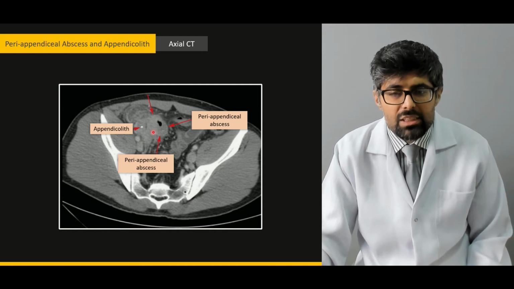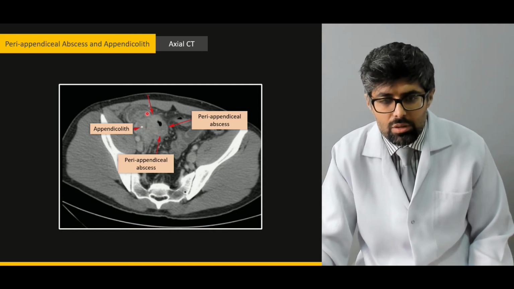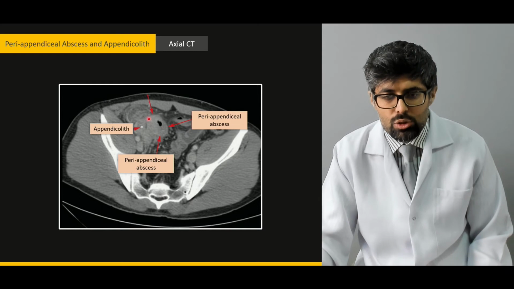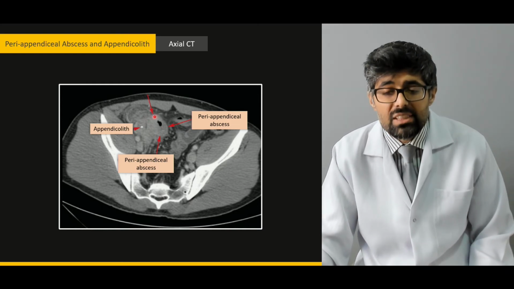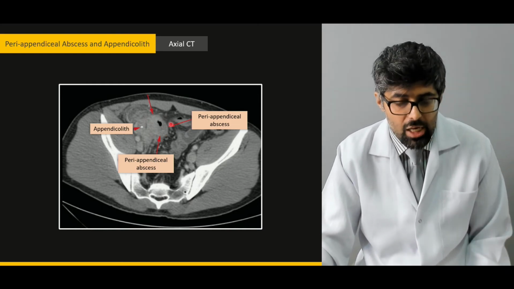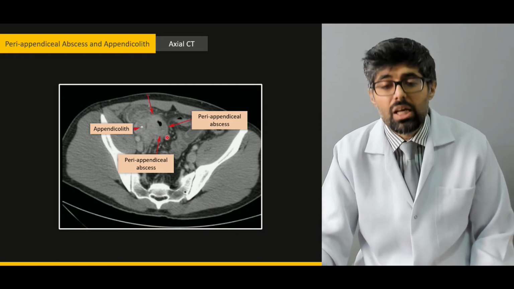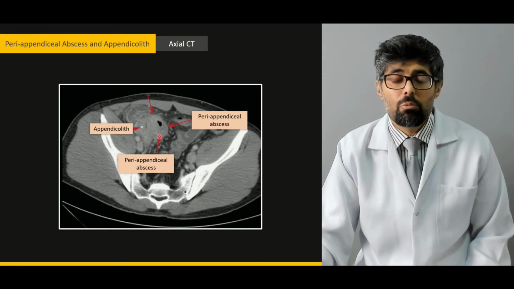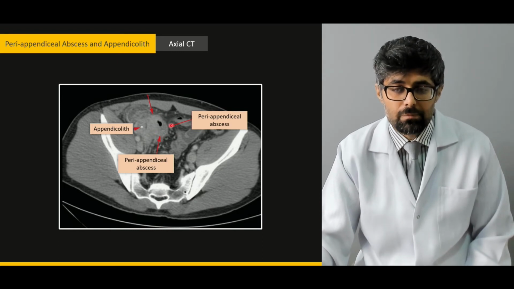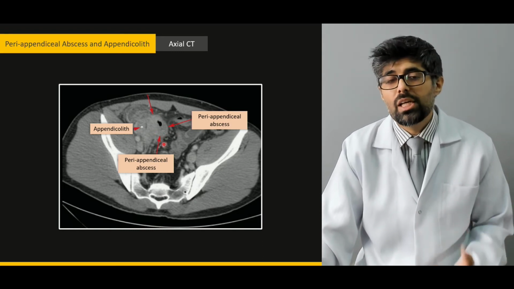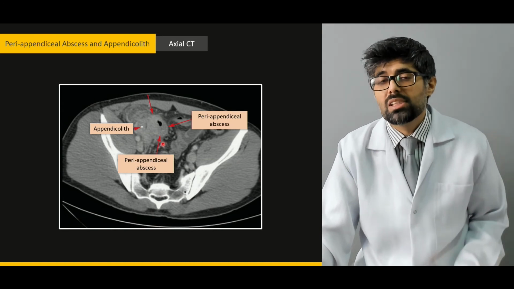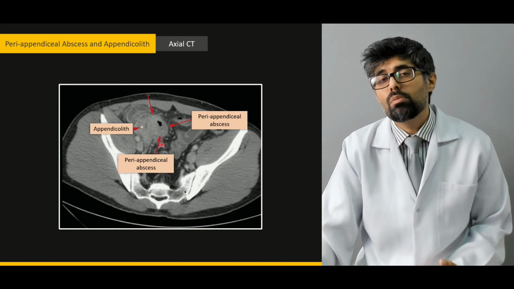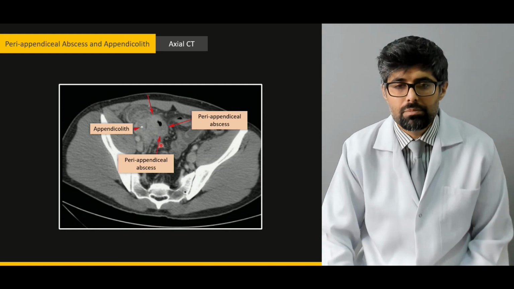The appendicolith has moved, so it means that the appendix has perforated, and because of the perforation and leakage of the purulent fluid, abscess formation has occurred. So this is one of the complications of acute appendicitis if not removed promptly.